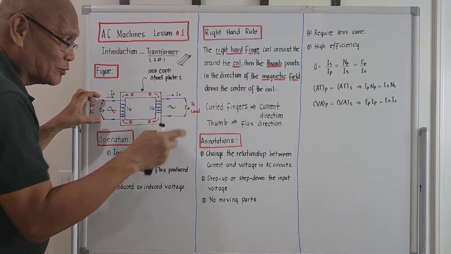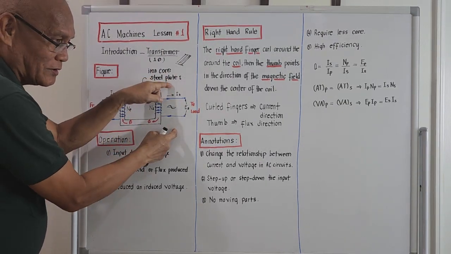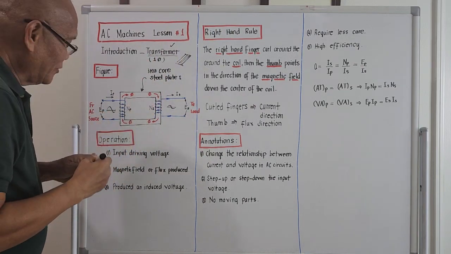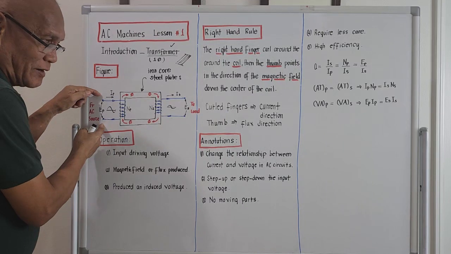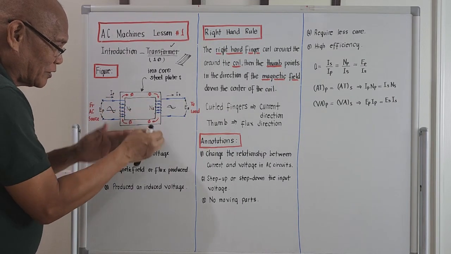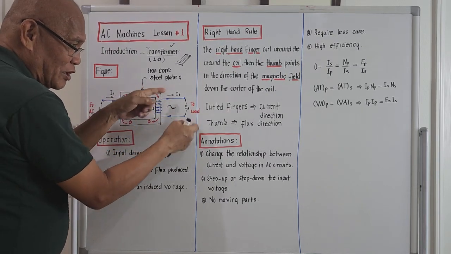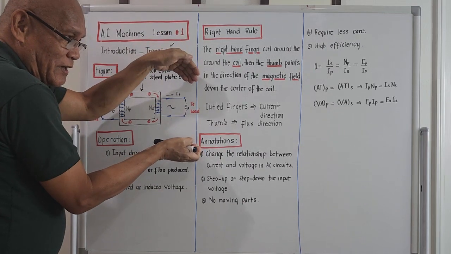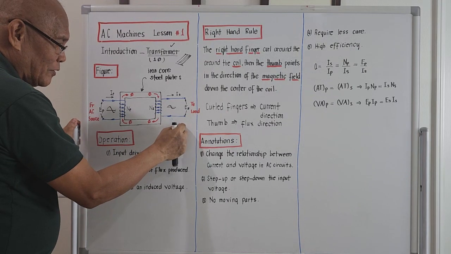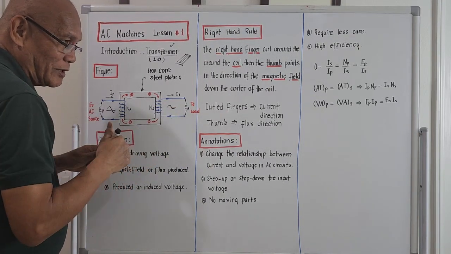We will transform that high voltage to a low voltage. That's why it is so-called transformer. Or the other way around, we could have a small voltage here, and if we change the number of turns on the secondary, we could make the voltage on the secondary bigger. That is also transformation, from small to bigger, or from bigger to smaller. That's why the term is transformer.